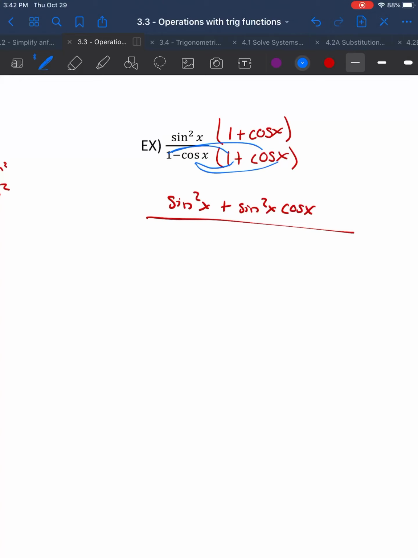And I'm foiling, distributing, whichever terminology you like best. Sorry, I switched colors midway through. So in my denominator, I have a positive and negative cosine, so those cancel.